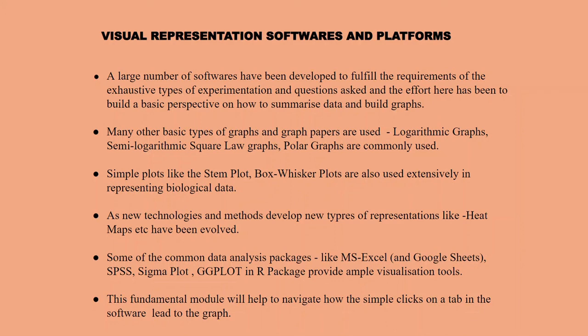As new technologies and methods develop, new types of representations like heat maps have evolved. Some of the common data analysis packages like MS Excel, Google Sheets, SPSS, SigmaPlot, and ggplot in the R package provide ample visualization tools.